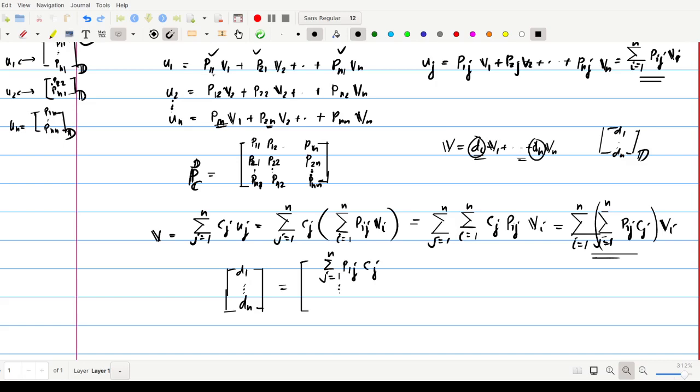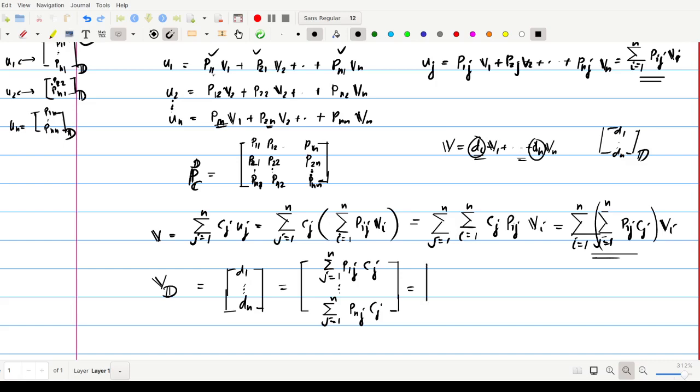Finally, we have dn, the last scalar, corresponding to the case i equal to n, so the summation will be j equal to 1 to n of pnj cj. These are the coefficients of v relative to the basis D, and that can be written in this form.